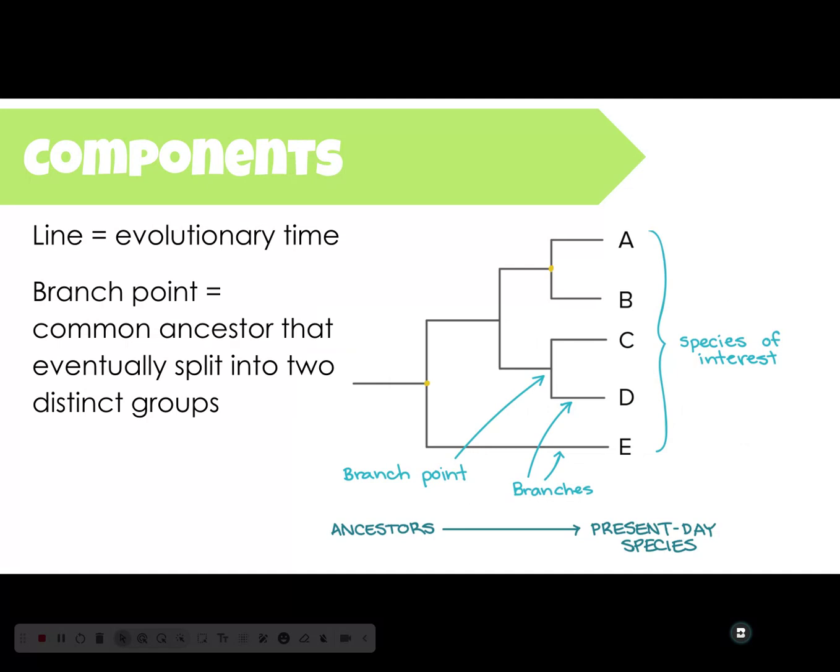Where you see branching, which are indicated by the little yellow dots, branches indicate there's a common ancestor that eventually split into two distinct groups. So that would be showing where that evolution over time is occurring. And at the very tips of the branches are where you'd put the present day species that you're trying to compare to determine who's more related to who.